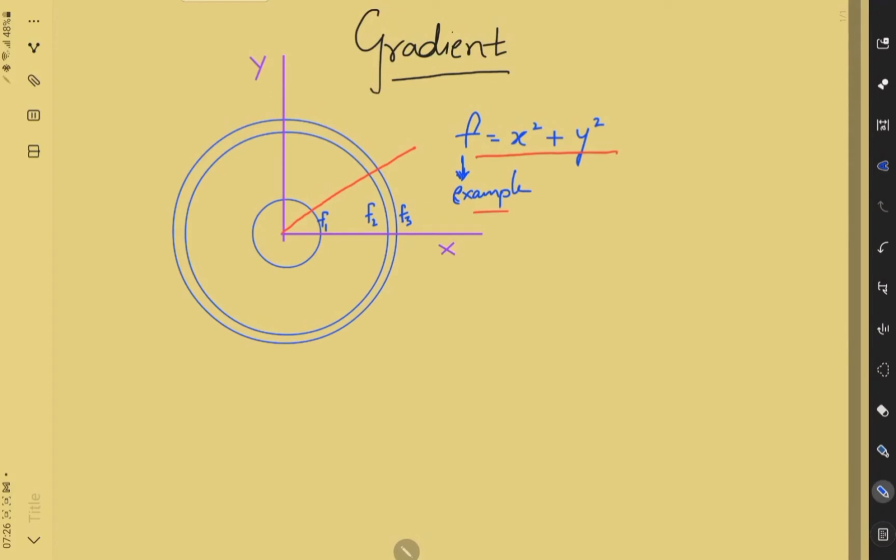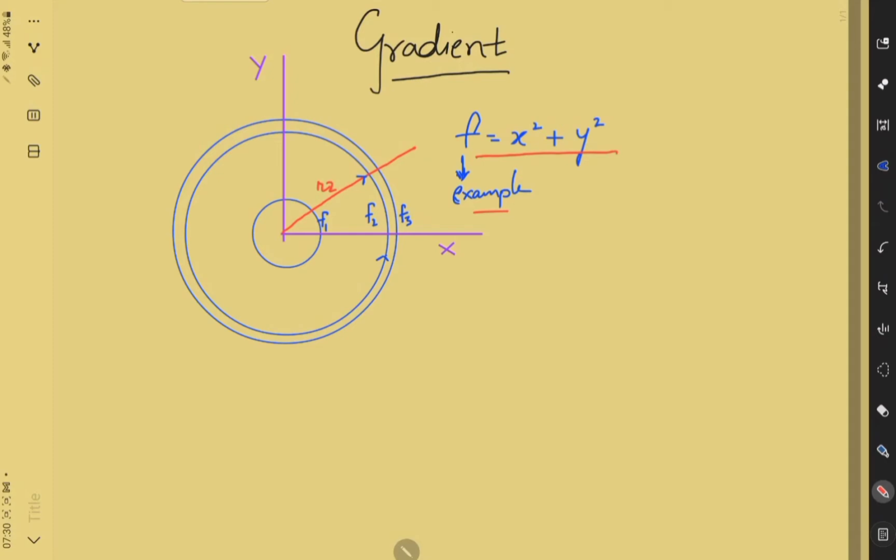If we move along this curve f2, the value at every point will be the same, that is f2, because the distance r2 is the same for every point.